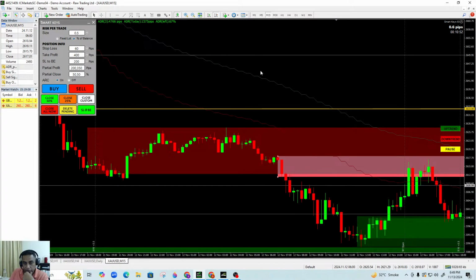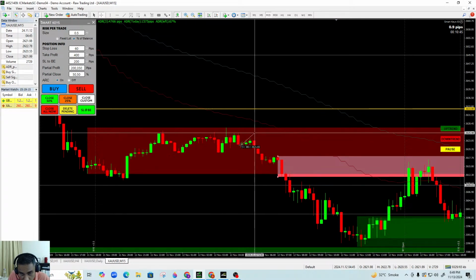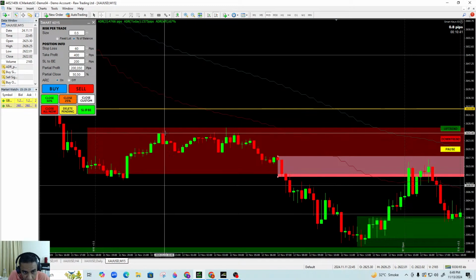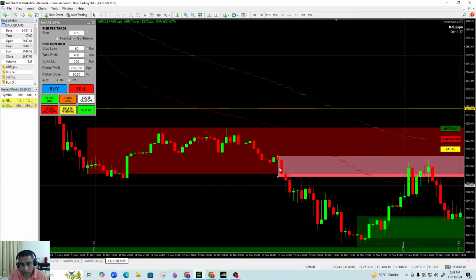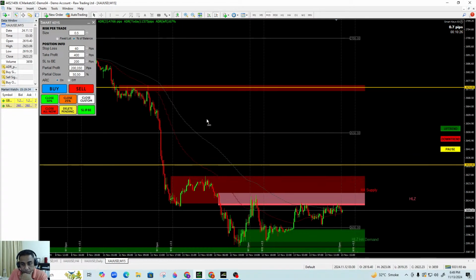30 minute, 15 minute. There's nothing on the 15. Just 38 pips. That's larger. Yeah, that's the only thing that's holding price down. This 30-minute candle. So once we break that, we're heading higher.